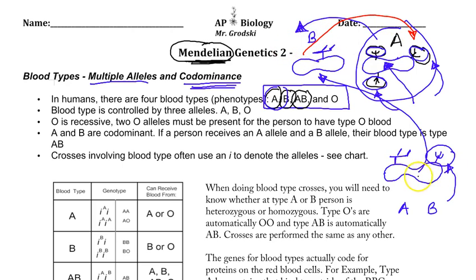Now, if you're AB, you could accept A. Why can you give me A? Because A is something I already have. This is not foreign. So if you're type AB blood, you could accept A or you could accept B. And the answer is why?